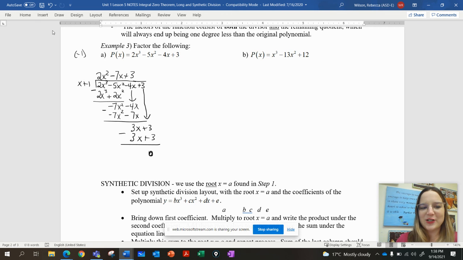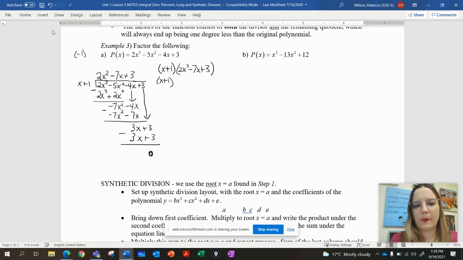So my two factors are this divisor here, x plus 1, and the quotient that we got on top, 2x squared minus 7x plus 3. 2x squared minus 7x plus 3, we can then factor using decomp. What multiplies to give 6 but adds to negative 7? Minus 6x and minus 1x. Good.